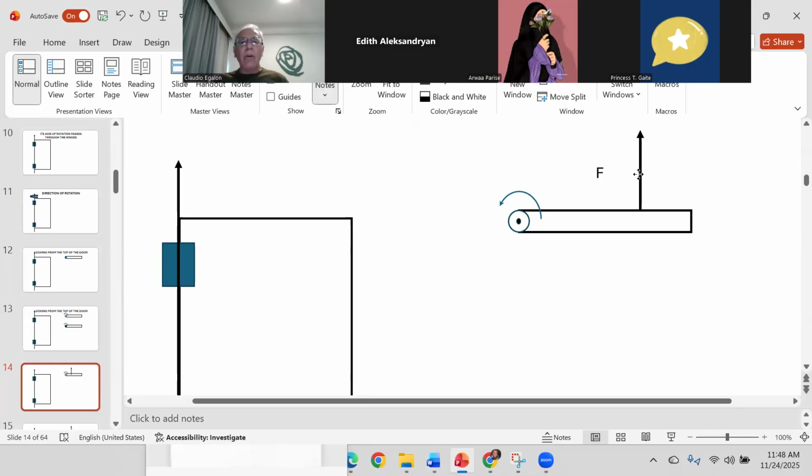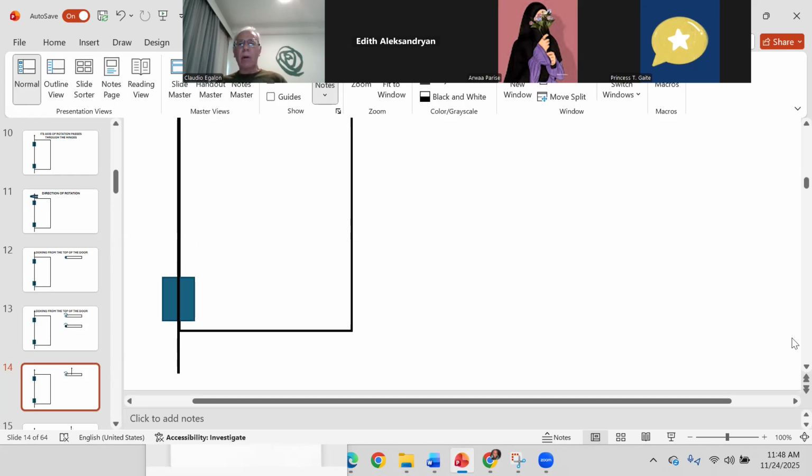The closer the point of application of a force is to the axis of rotation, the lower the torque becomes. It's far harder to rotate a door if the point of application of the force is closer to the axis of rotation. That's the qualitative view of the torque.